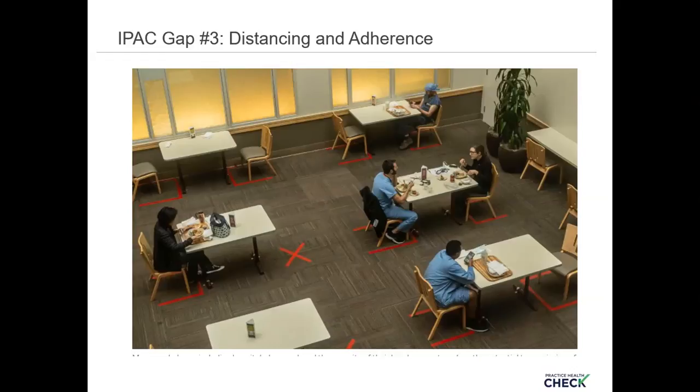Also, you can see the X in the middle of the diagram. The person can't sit there obviously because they would be too close to the person behind them. So we can't stress the importance enough to follow the IPAC measures, even outside of work. Reduce carpooling. If you must carpool, then you must be masked.